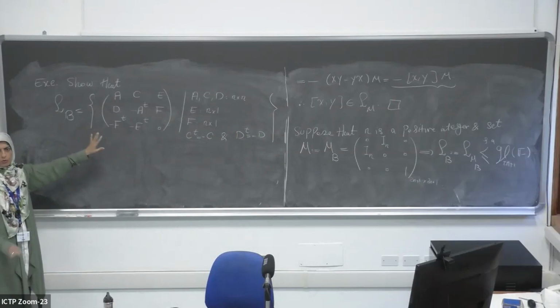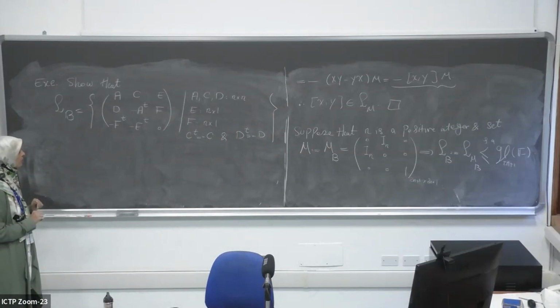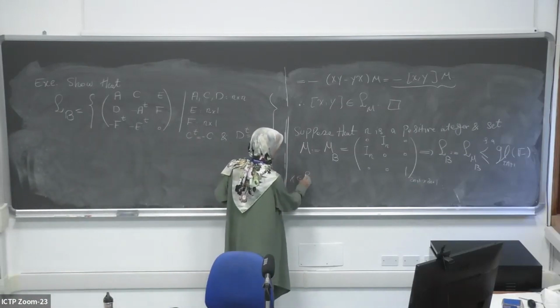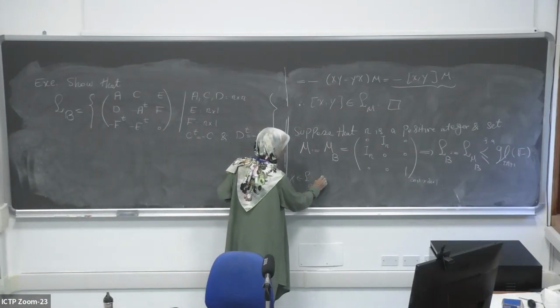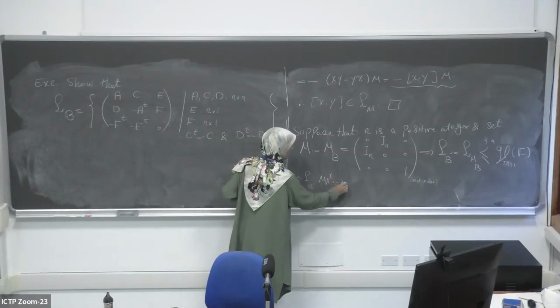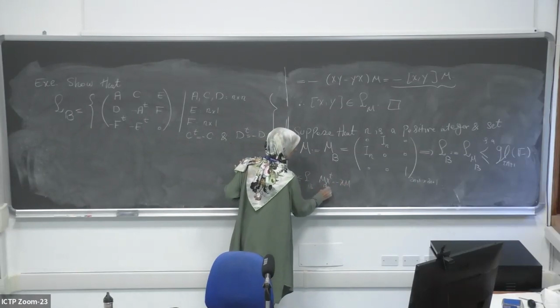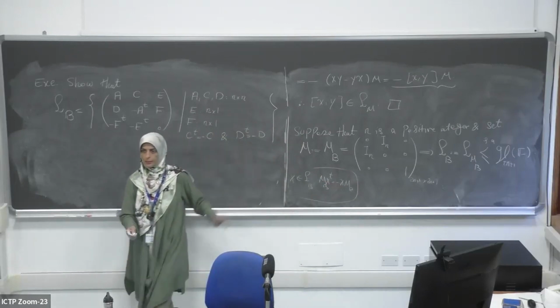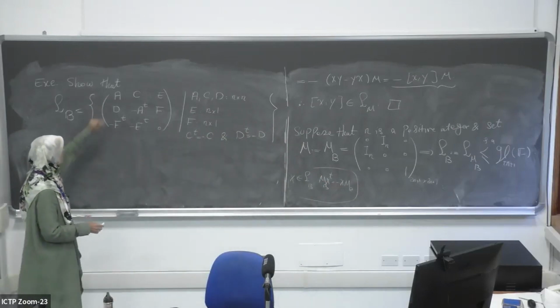You should just verify it. Because if X is an element of L_B, MX transpose must be minus XM. Of course, your M here is M_B, and just put X in this equality, and then you can get this shape.